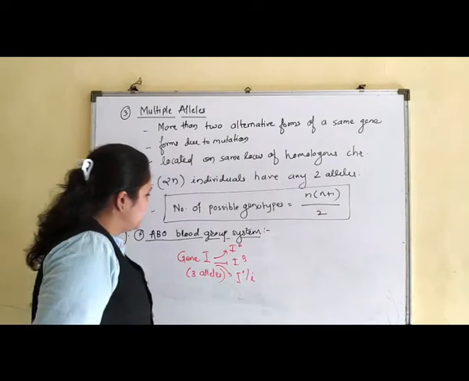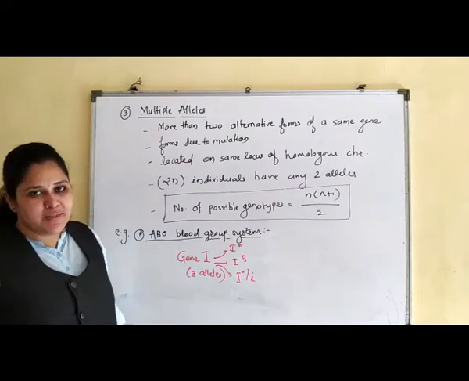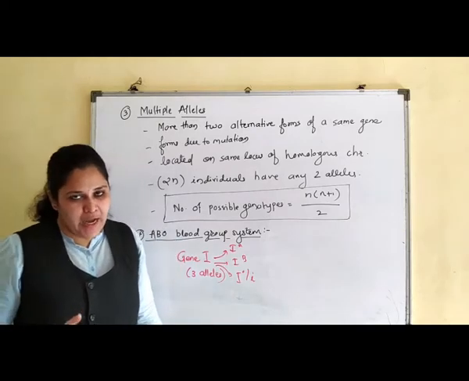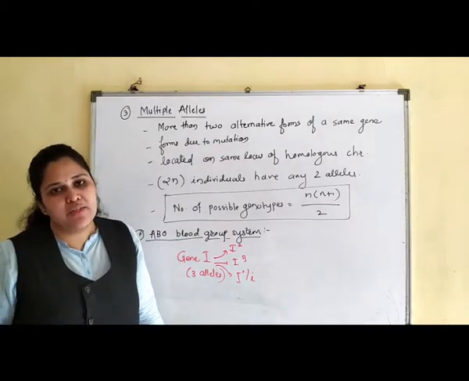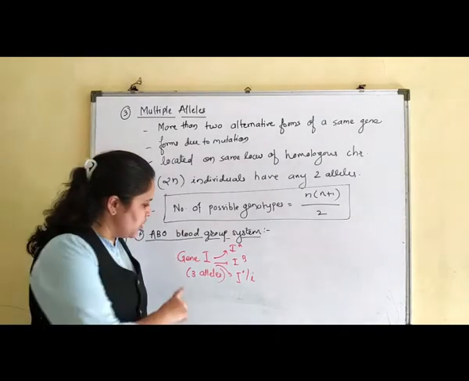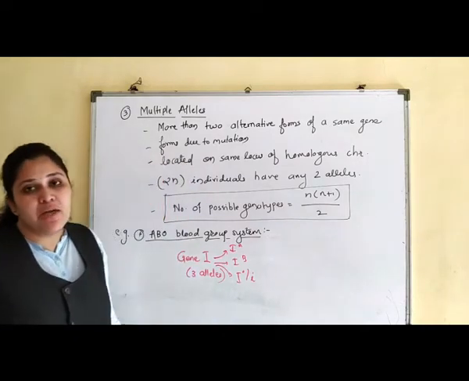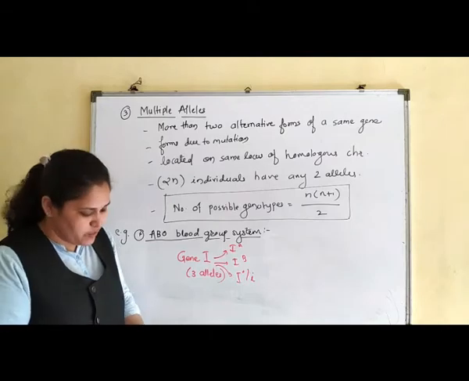Now in case of the ABO blood group system, it is regulated by gene I. There is a single gene which regulates different types of blood groups, which has three alleles, IA, IB and small i. Now let's see from this how many possible genotypes we get.